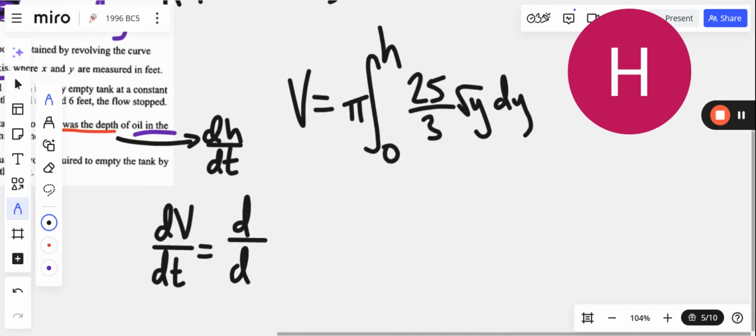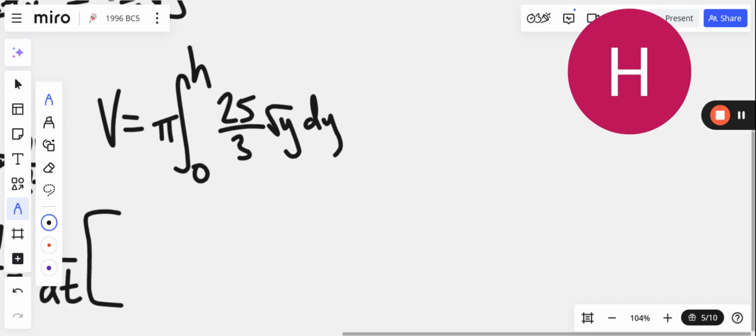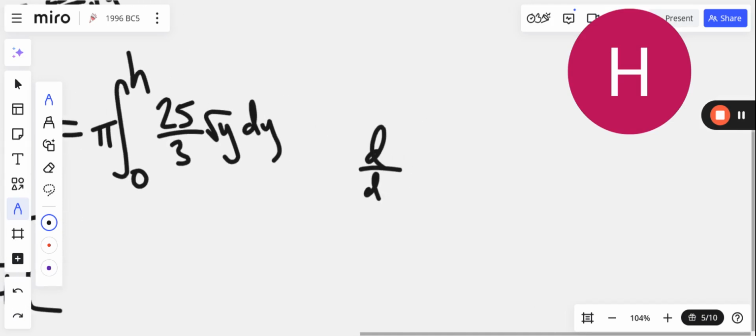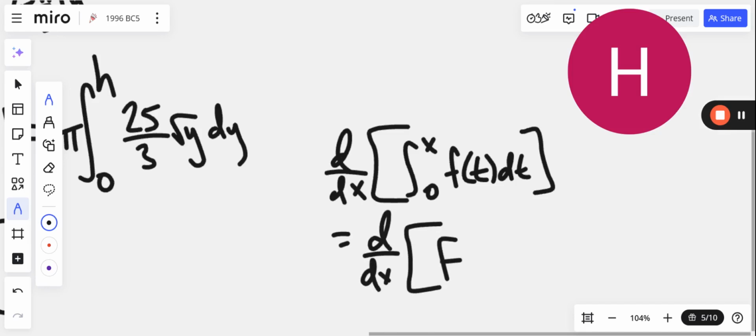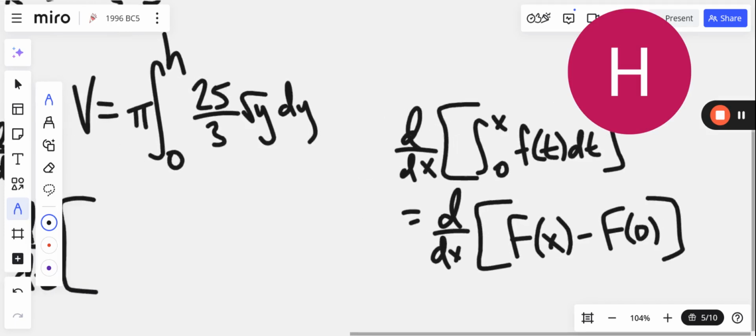So we're going to have to use the fundamental theorem of calculus here. When we use this fundamental theorem of calculus, doing like d dx of an integral from 0 to x of f of t dt, what I'll usually say is we should write this as the derivative of capital F of the top limit minus capital F of the bottom limit, where capital F is just the antiderivative, right?